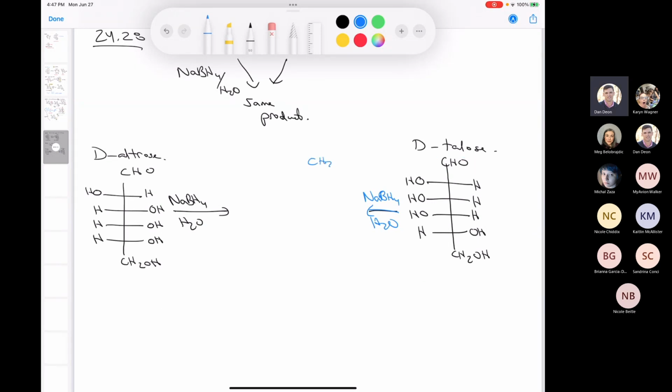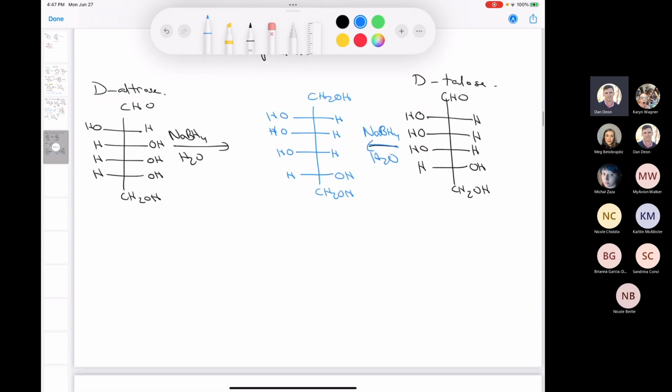So I get CH2OH, and I have my other CH2OH here. And I end up with my 1, 2, 3, 4. So I have my hydroxyls like this. I'm going to run out of space the way I was trying to set it up here. But when I reduce D-altrose, maybe I'll move it down here so you can see more clearly.